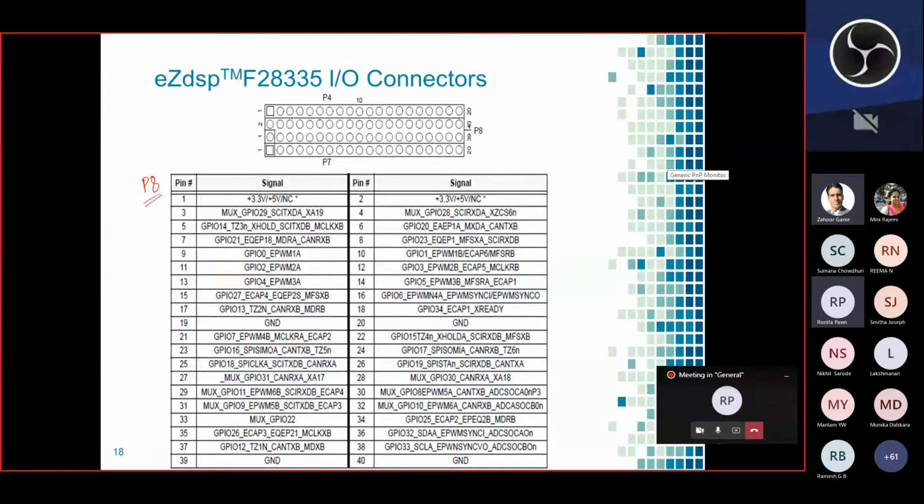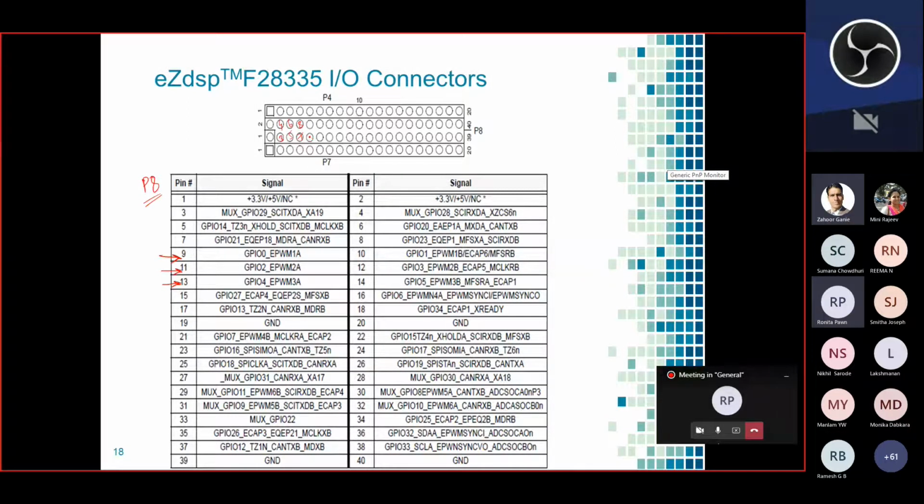This table is for P8 where you have 1, 2, 3, 4 and so on up to 40. If you observe the GPIOs which are dedicated for EPWM specifically, because our application needs EPWM. Here EPWM 1A is the 9th pin, EPWM 2A is the 11th and 3A is the 13th.